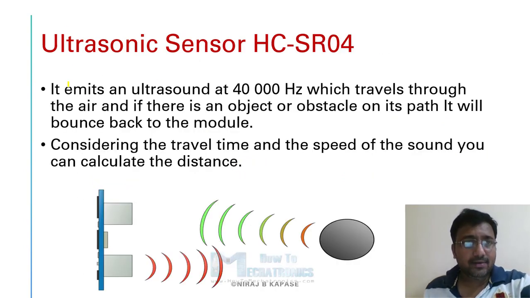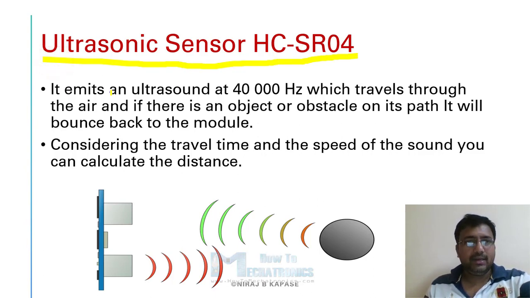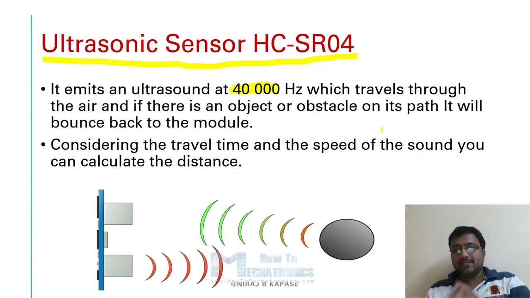The HCSR04 is an ultrasonic sensor module. It emits ultrasound at 40,000 Hertz, that is a 40 kilohertz signal, which travels through air. If there is an object or obstacle in its path, it will bounce back.